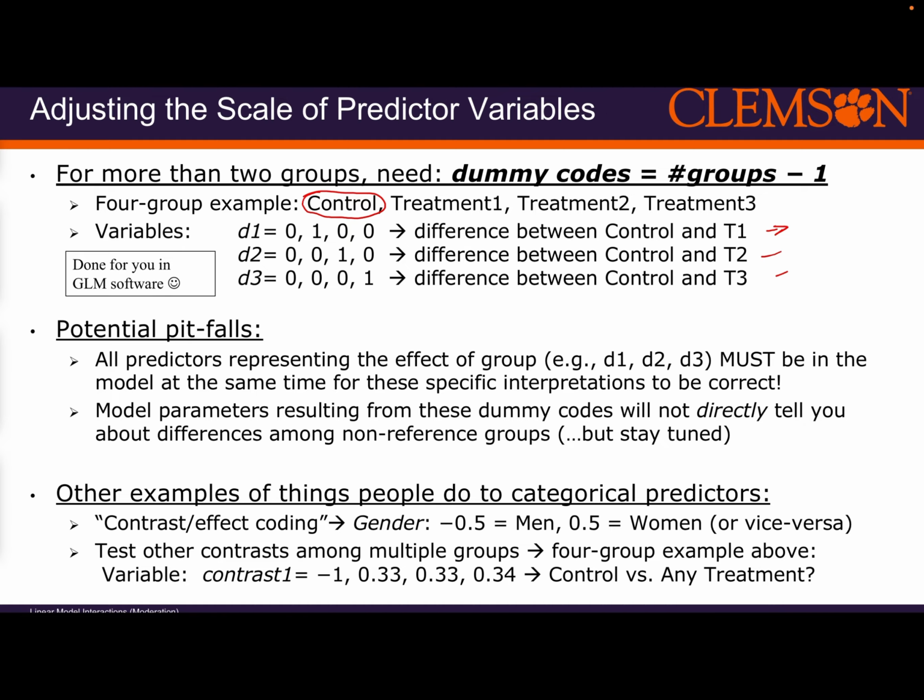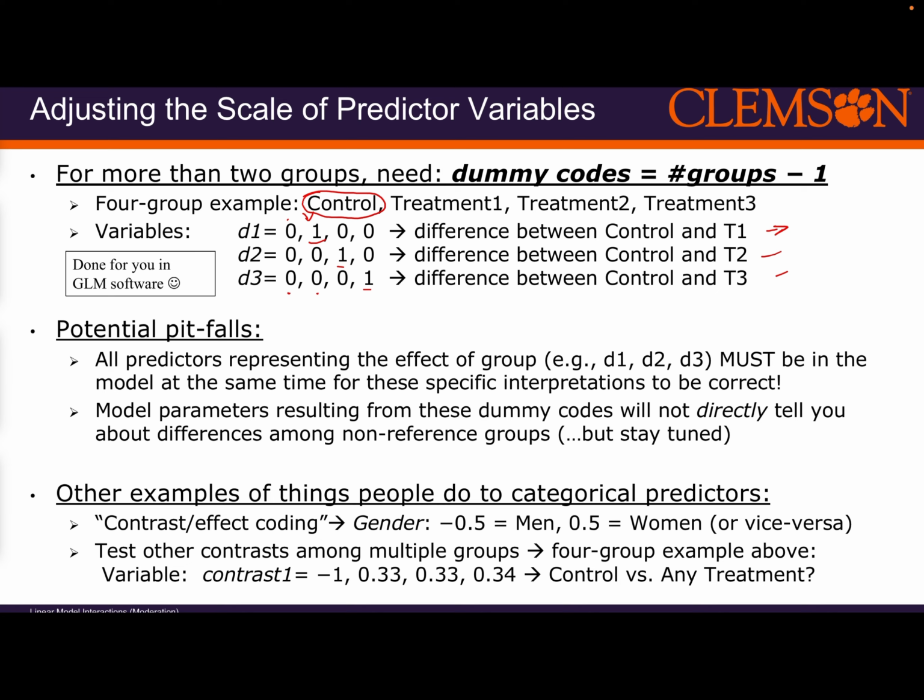Here, the thing to note is, in the first variable, every value except for the place where treatment 1 happens to be is a 0, and treatment 1 gets a 1, the indicator that that variable refers to people in the treatment 1 group. The same is true about D2 and D3. The indicator just moves to indicate either treatment 2 or treatment 3.